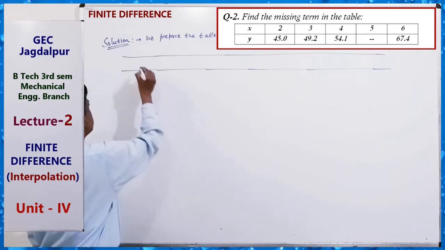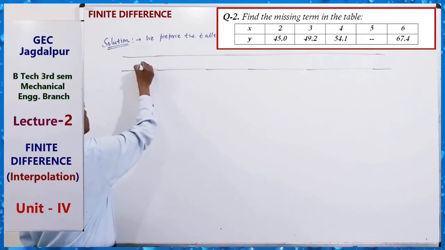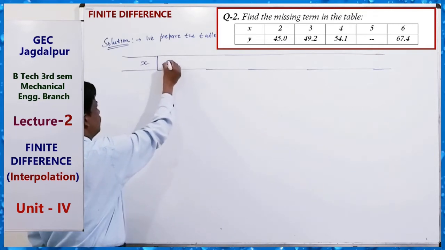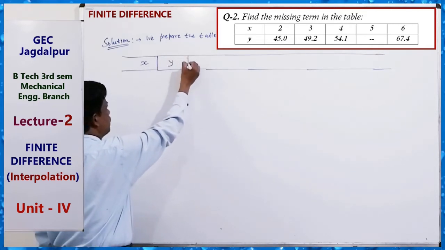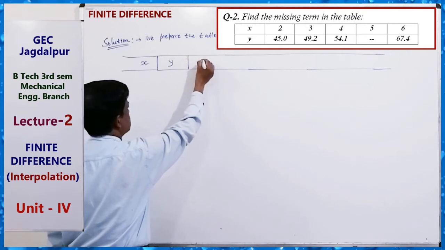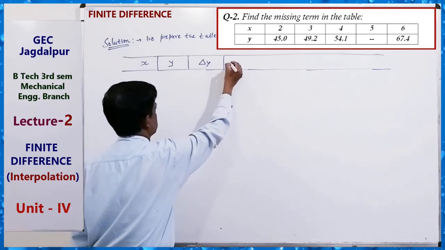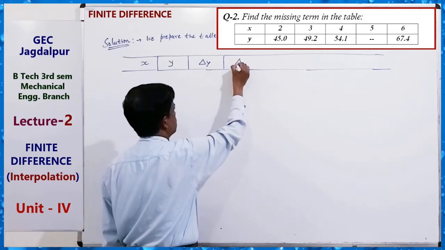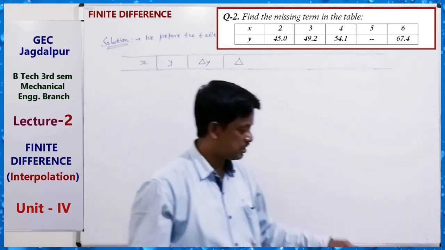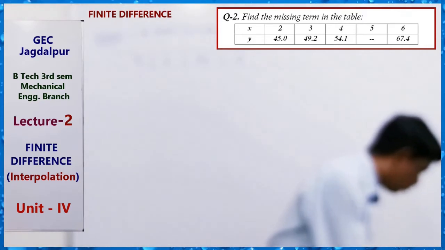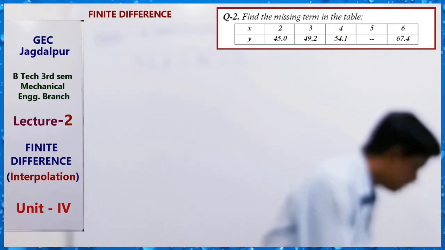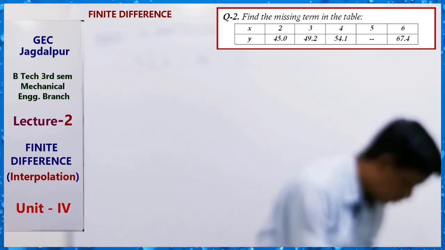First of all, write the values of x, then the values of y, then the first difference of y, second difference. Here how many values are given? 4. 1, 2, 3, 4.